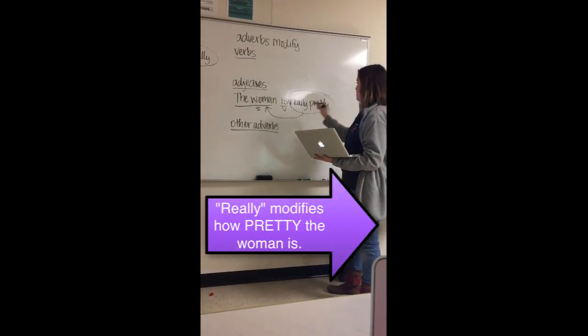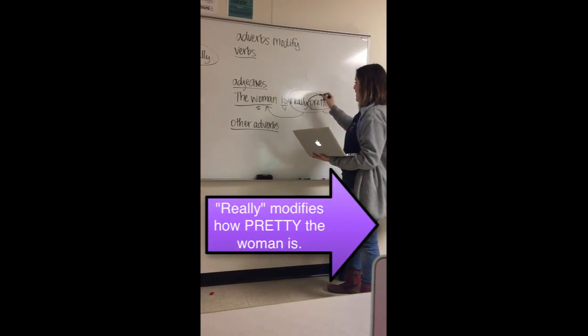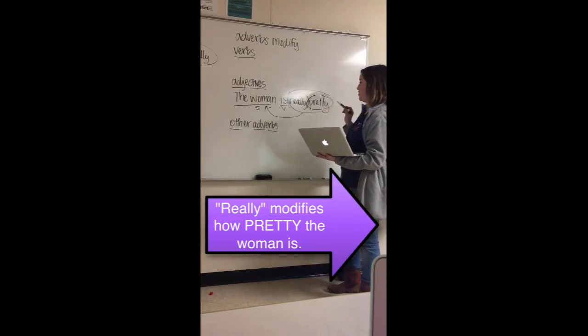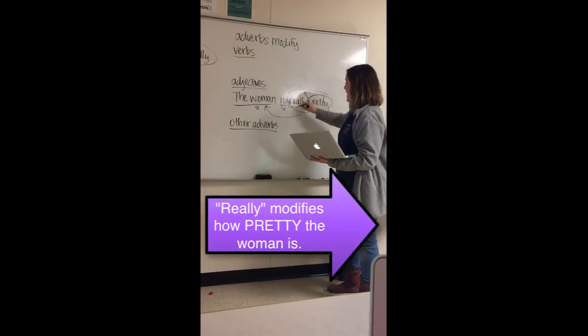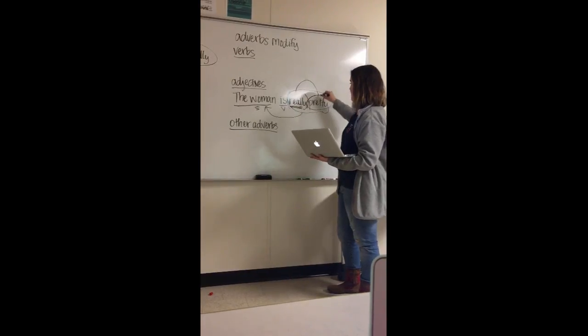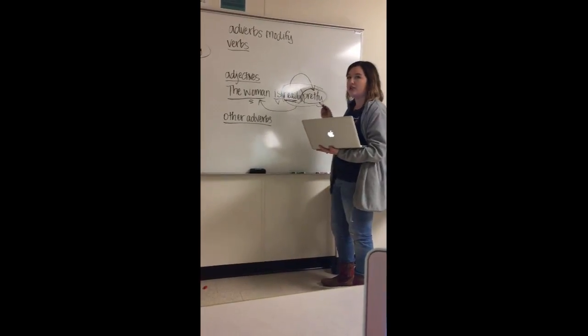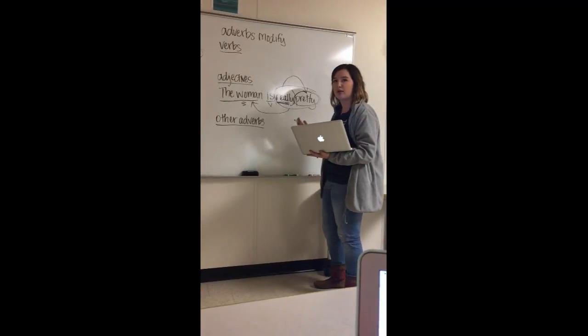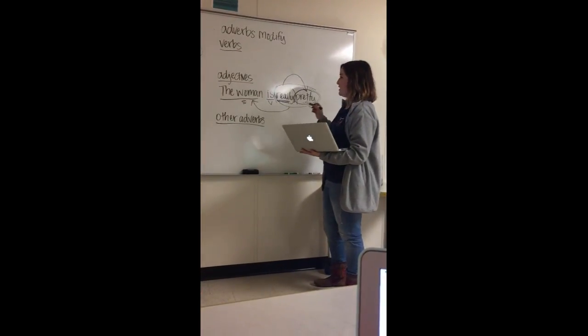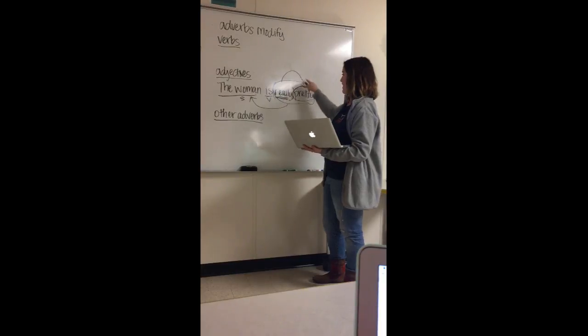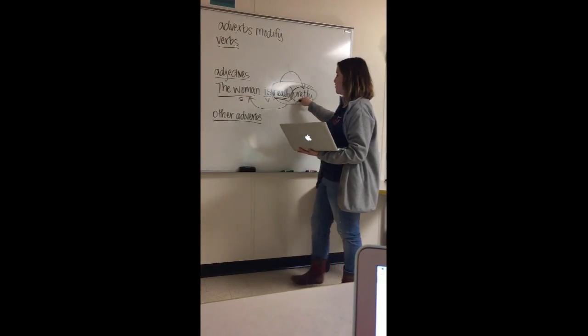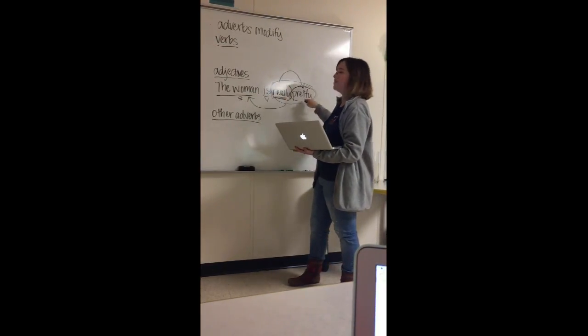What kind of woman is she? She's a pretty woman. And then really tells you how pretty she is. So this acts as an adverb that modifies how pretty she is, or to what extent she is pretty. Okay, so this is an example of an adverb that modifies an adjective. So pretty describes woman and really describes pretty.